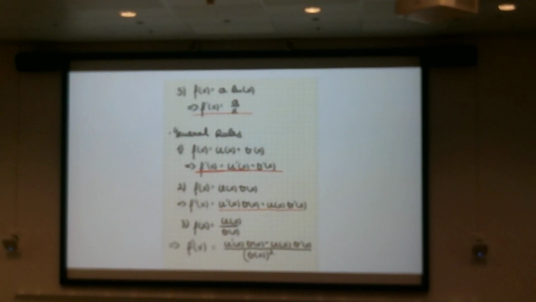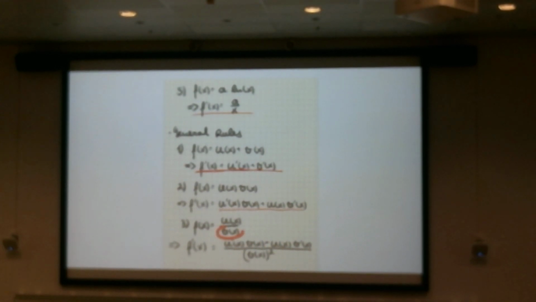Then if we have a multiplication, then we should have a division, and that's the third case, where you have a ratio of functions. So you have u of x over v of x. And again, it could be somewhat tempting to think that a derivative of a ratio is just a ratio of derivatives, but that's not the case. It becomes more complicated, so we need to look into this formula.